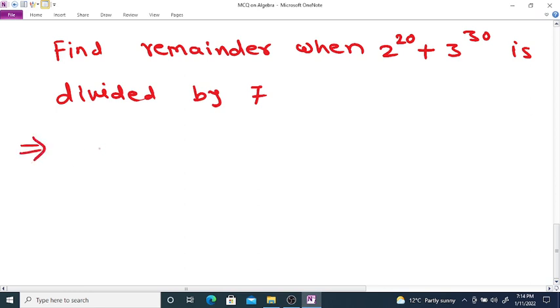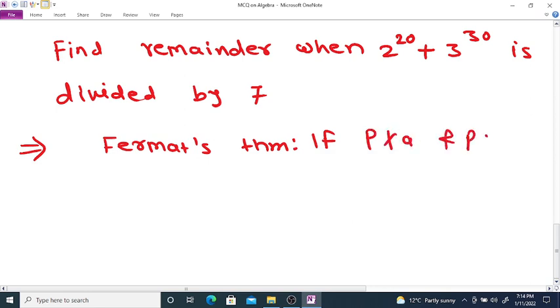Again, by using Fermat's theorem, if p does not divide a and p is a prime, then a raised to p minus 1 is congruent to 1 modulo p.